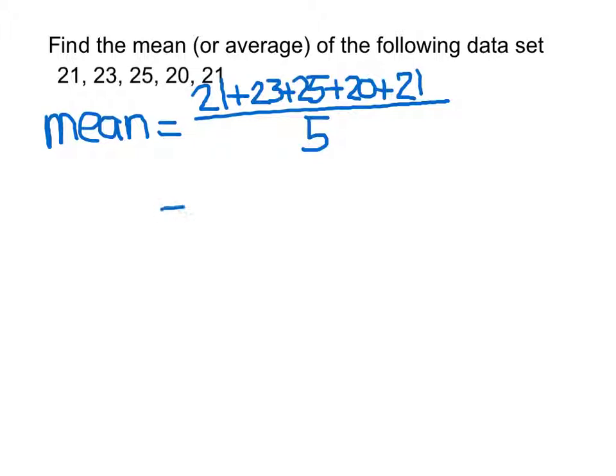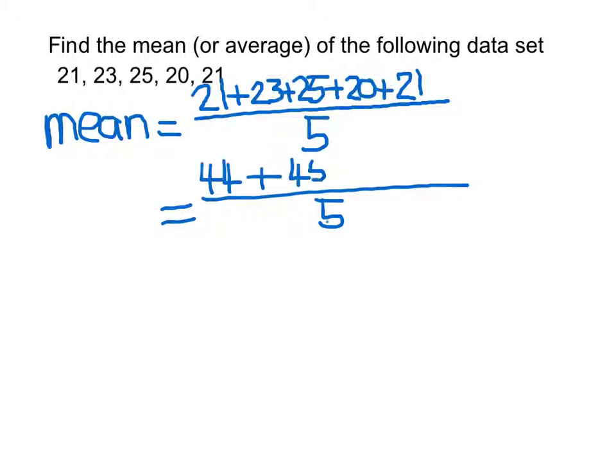So let's work out the top line. 21 plus 23 will give us 44. And 25 plus 20 will give us 45.